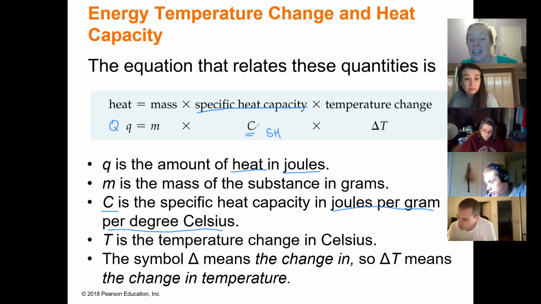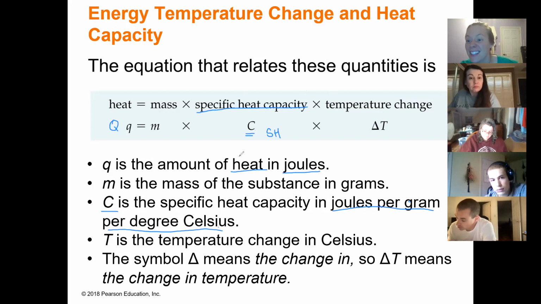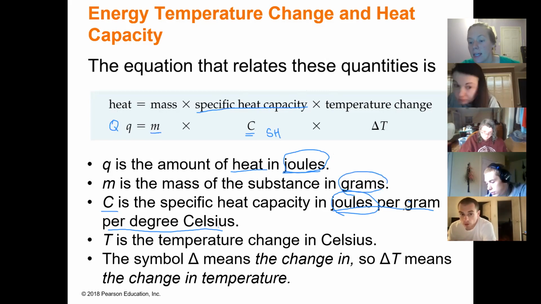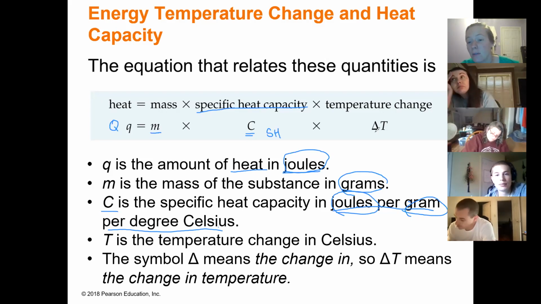Because your specific heat is in this funky unit of joule, gram, and degree Celsius, all the other things need to honor that. So my Q or my heat has to be in joules because my specific heat is in joules. My mass, which is M, needs to be in grams because my specific heat is per gram. And then my temperature, and specifically this is delta T. Does anyone know what delta means? That means change in.